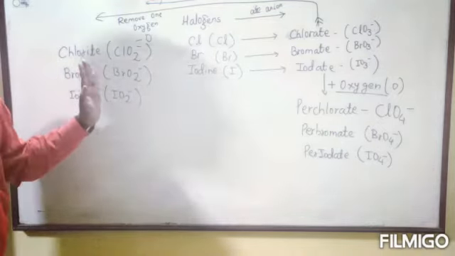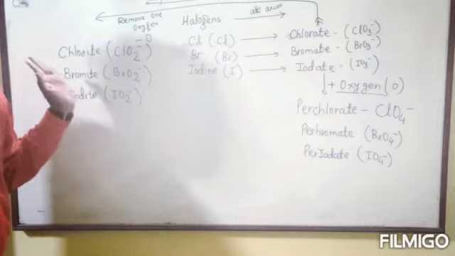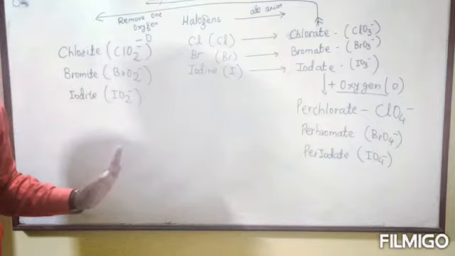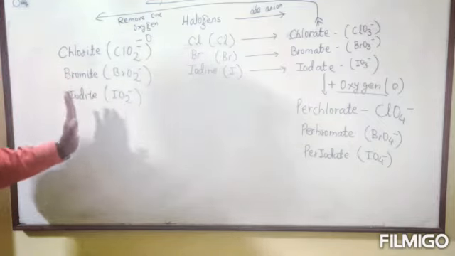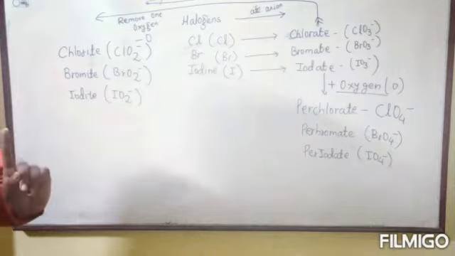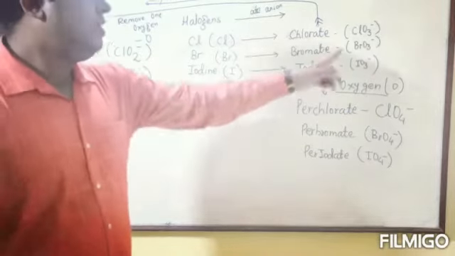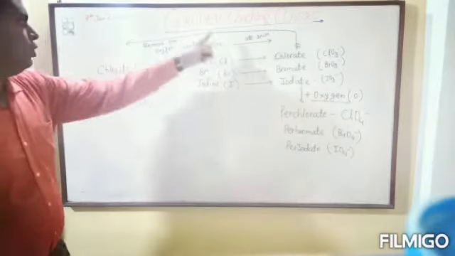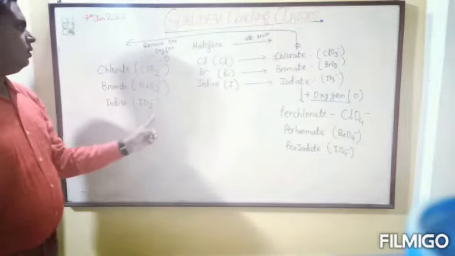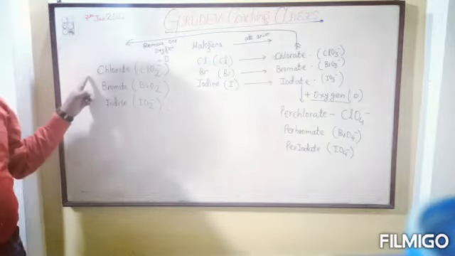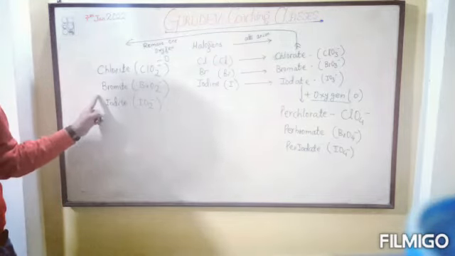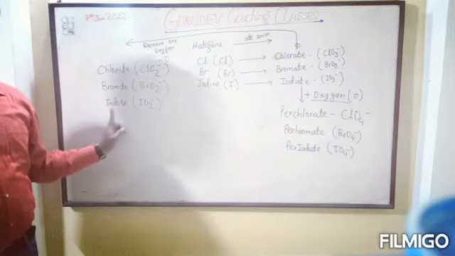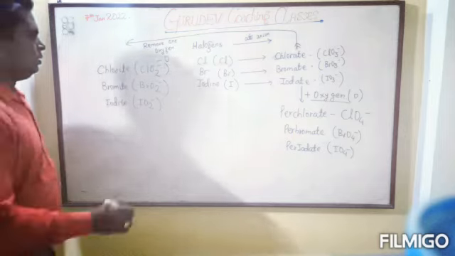Again we have to remove one oxygen and it will convert into another anion. The name will be different just by removing one oxygen. See one similarity, children. What is the one similarity? See the charge. The charge is the same. Here also, by removing one oxygen it will convert to chloride, bromide and iodide. Again we are going to remove one oxygen. Just see what happens.